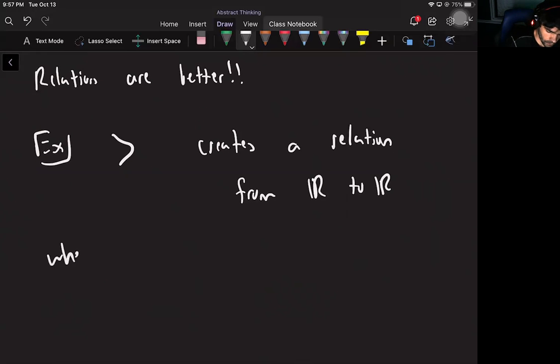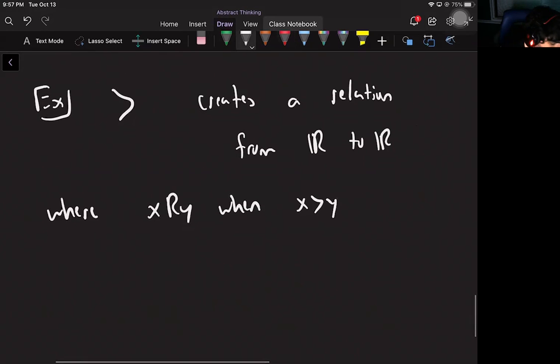Where when are two things related? So X is related to Y when X is bigger than Y. So when you have a symbol that already tells you the relationship, it sort of becomes silly to keep using R. So very often we won't later on.